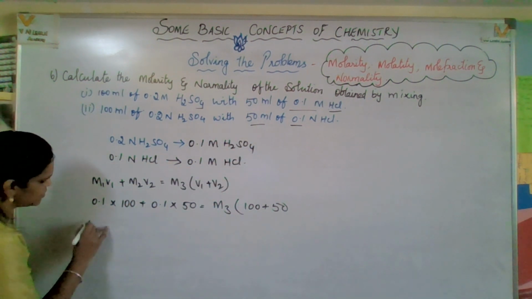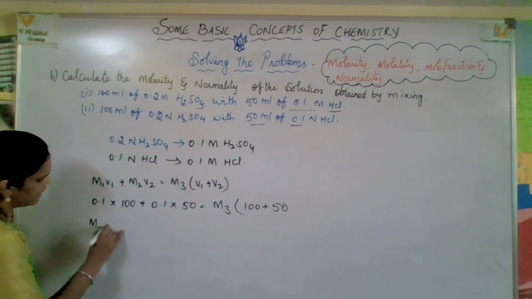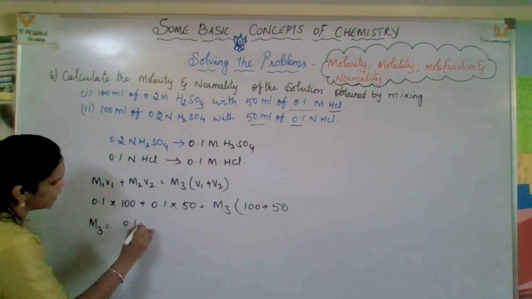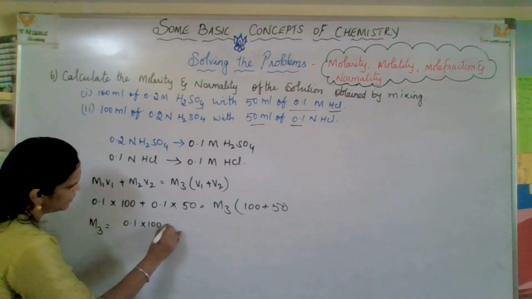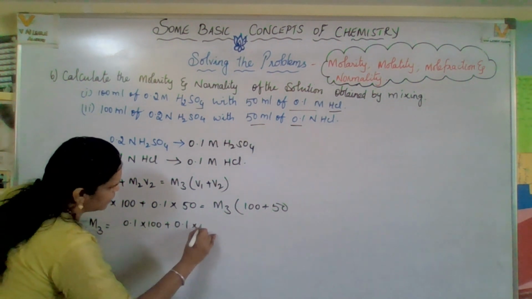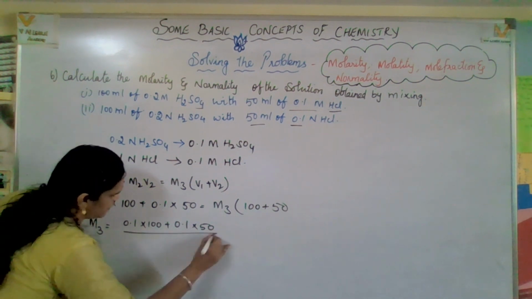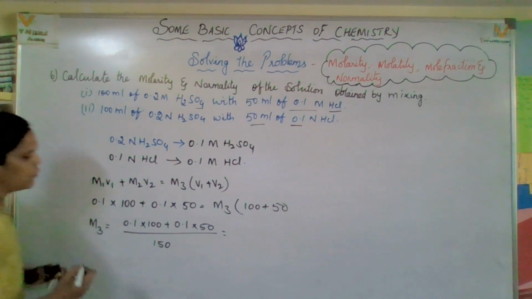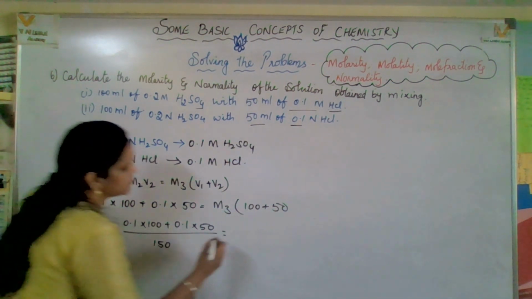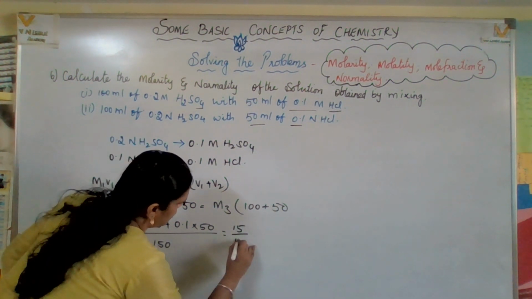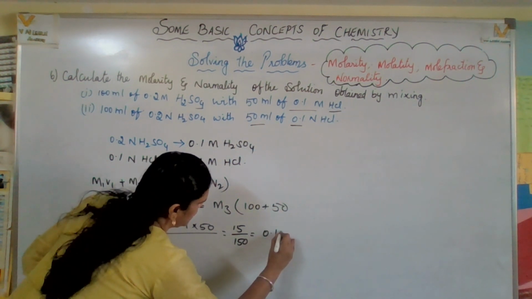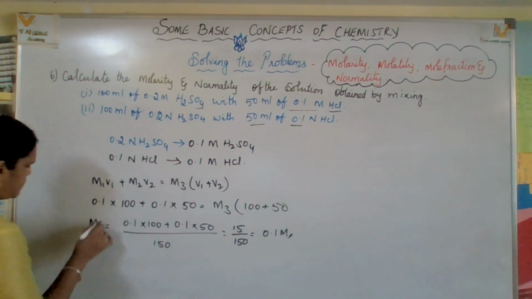Okay, now M3 equals 0.1 into 100 plus 0.1 into 50 divided by 150. What is the answer? You will get 15 by 150. So you will get 0.1 M molarity.